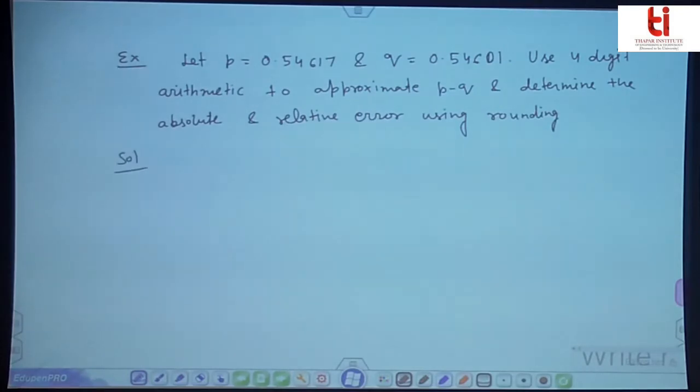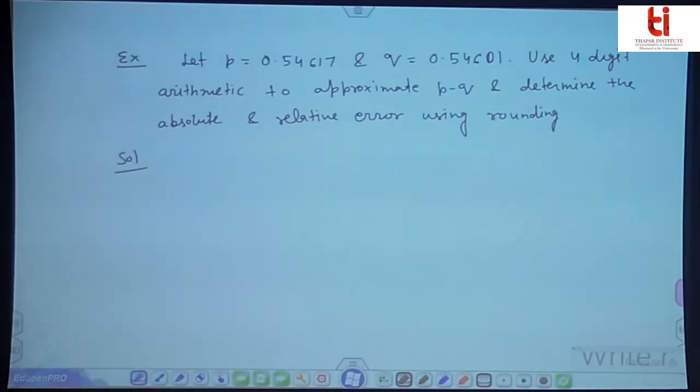Okay. So there are p and q, two numbers, and they are nearly equal. If we look at p and q, they have the starting three digits the same. So what we have to do is compute the subtraction of p and q.